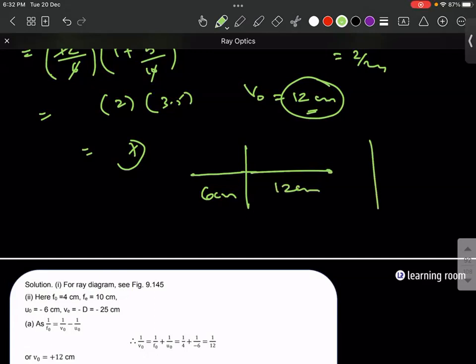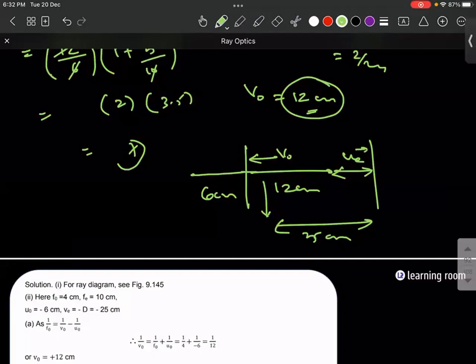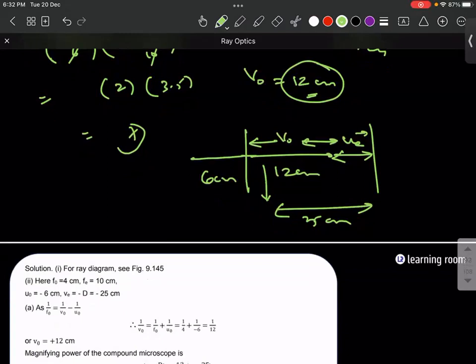Now, where is the final image formed with respect to the eyepiece? It is formed at a distance of 25 centimeter. So can I say this distance is equal to UE and this is V naught? If you calculate the distance between these 2 points, that is going to give you the length of this compound microscope, right?